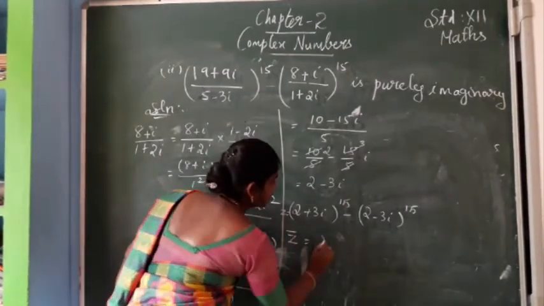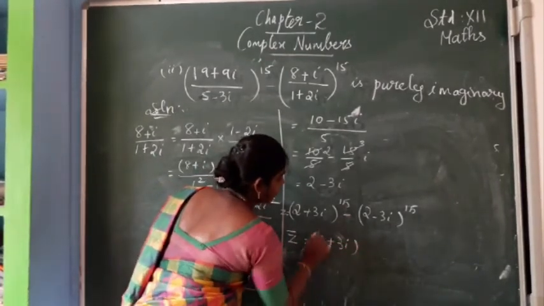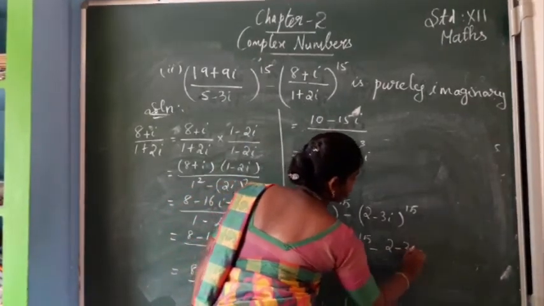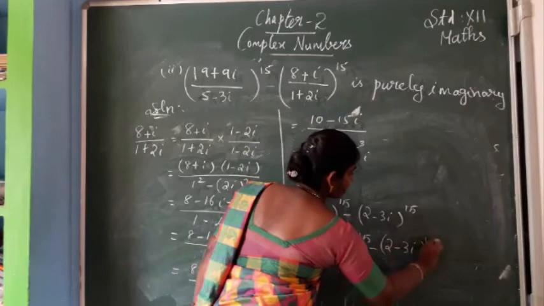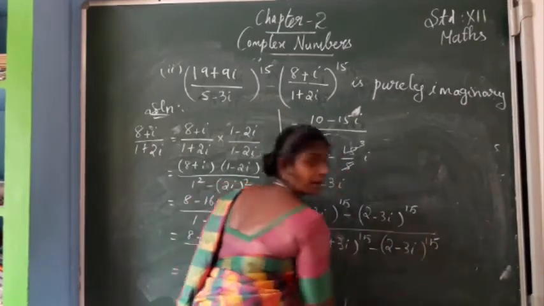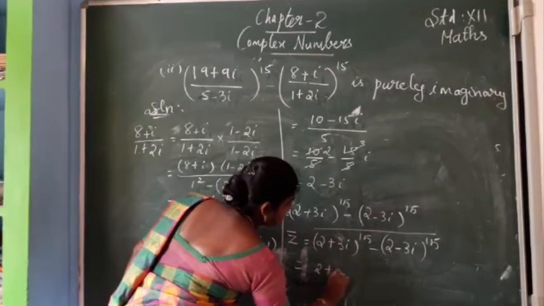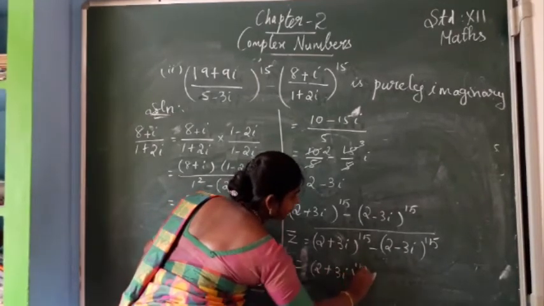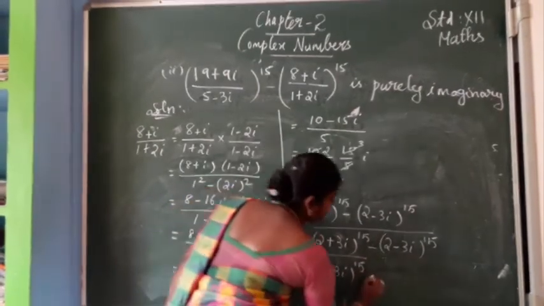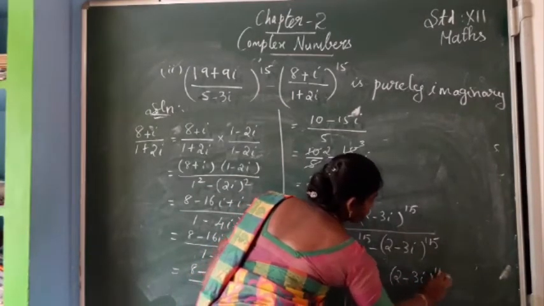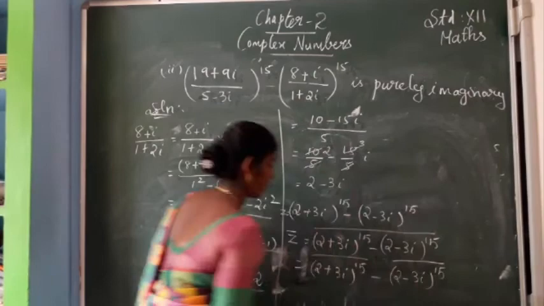That's equal to the bar of [(2 plus 3i) to the power 15 minus (2 minus 3i) to the power 15], which is the bar of (2 plus 3i) to the power 15 minus the bar of (2 minus 3i) to the power 15.